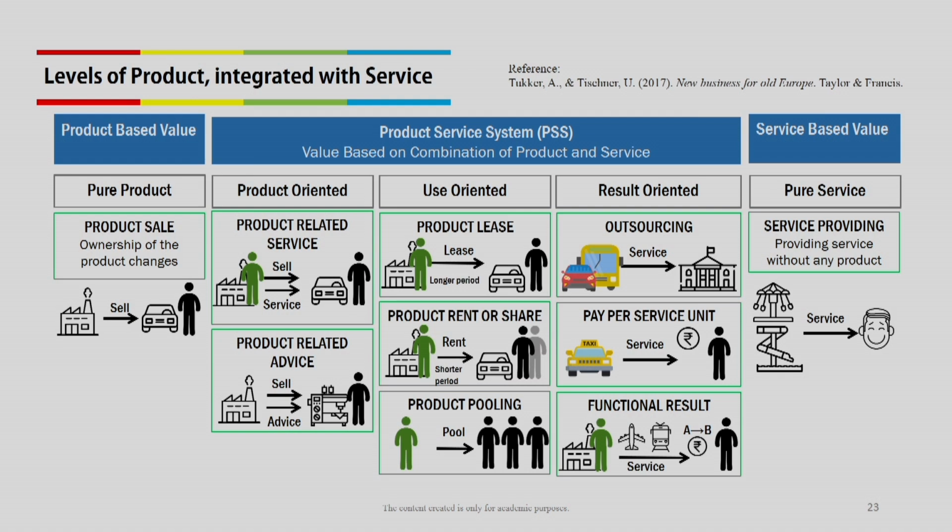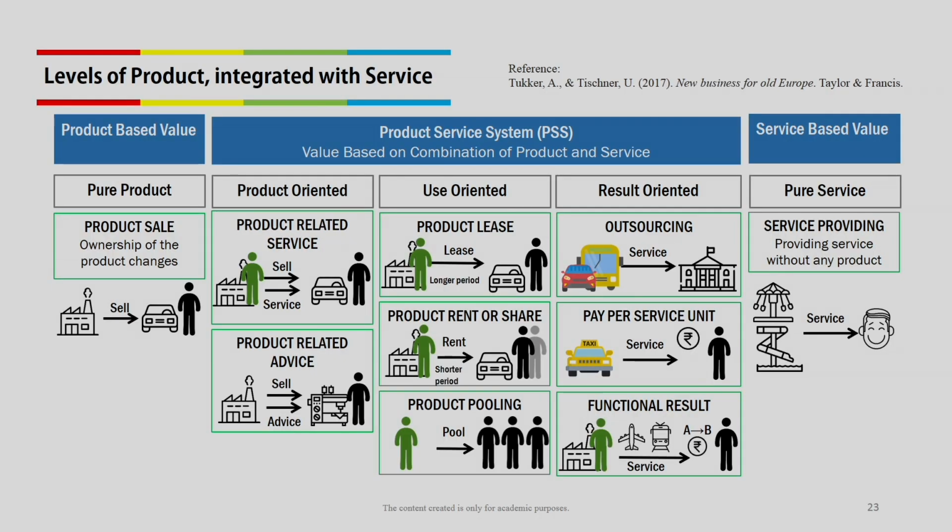The third level is result oriented under the section product service system. In result oriented there are 3 levels. One is outsourcing. Sometimes some organization do not want to buy cars or buses, so they outsource the facility.